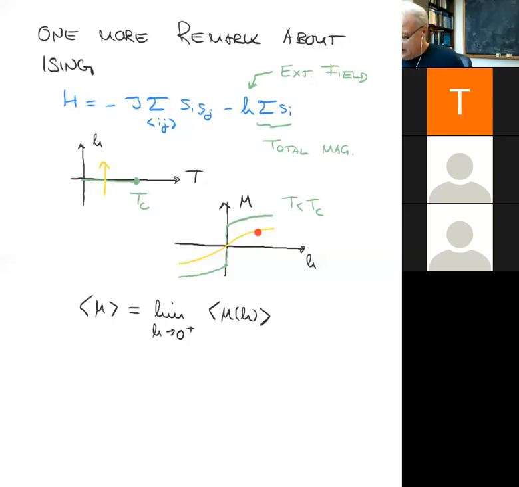And in particular, you can try to do a simulation at exactly 0 external field. But again, you have to be careful of the following phenomenon. Okay, so what can happen if you do a simulation directly at 0 field? So we're doing a simulation at exactly 0 field.